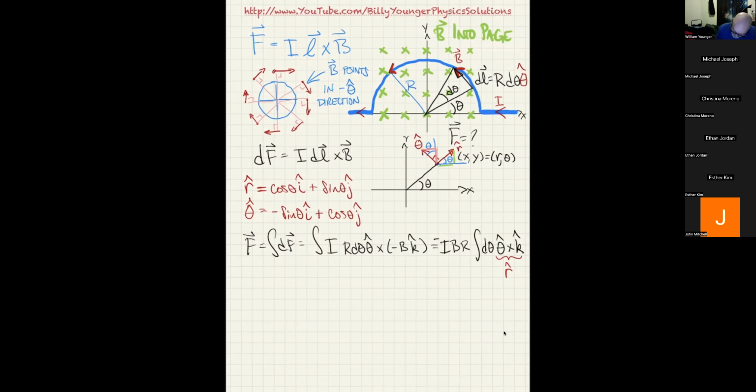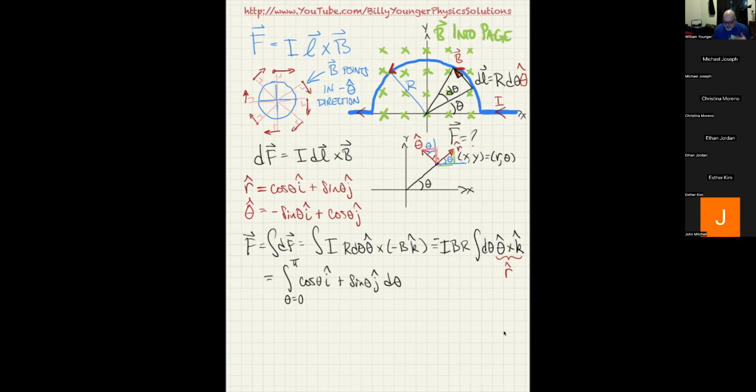So with that being said, what we have now is the integral of, remember I told you, even though I wrote it to the right of the d theta, it still goes inside. So I'm going to integrate from theta equals 0 to pi of r hat, which we said was cosine theta I hat plus sine theta j hat, d theta.